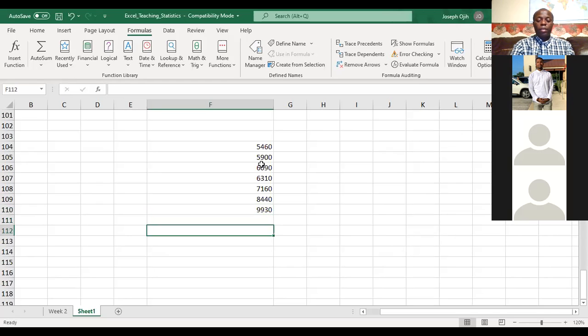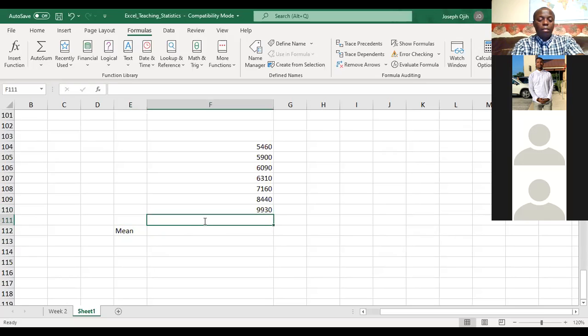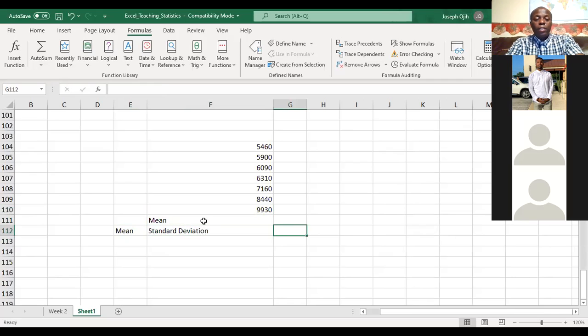Okay, now we're looking for the mean and the standard deviation. I can even put them here. Mean, and then standard deviation. For this, our mean is equal sign.